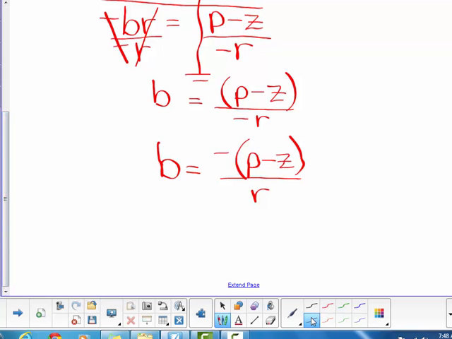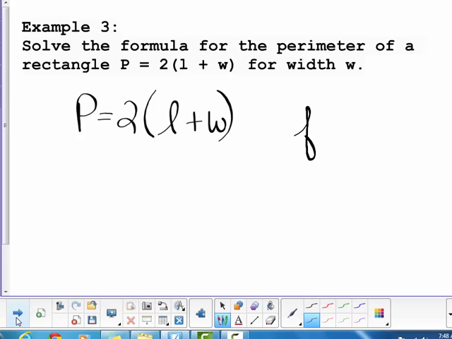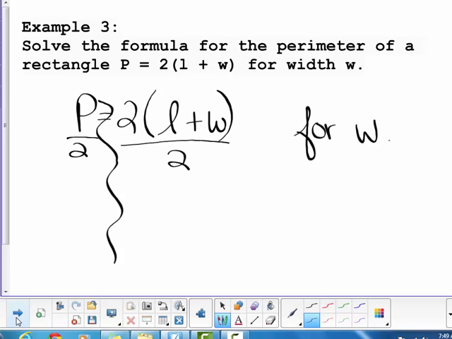Alright, let's try another example. Example 3 asks us to solve the formula for the perimeter of a rectangle. P equals 2 times the quantity L plus W. And I'm trying to isolate the W, solving for W. The first thing that I see is that I have 2 times this quantity. So I have to divide both sides by 2.